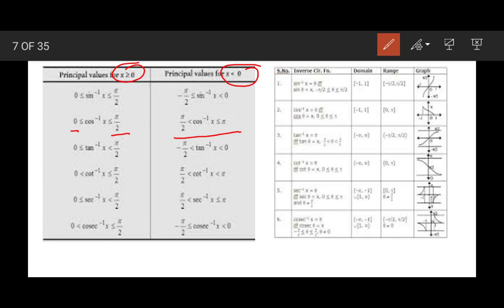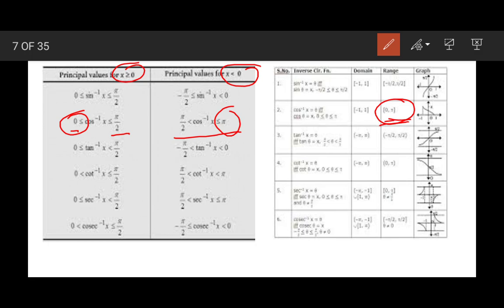Now for these principal values, the range is 0 to pi, right? The smallest angle is 0, the highest angle is pi. So the range is 0 to pi.